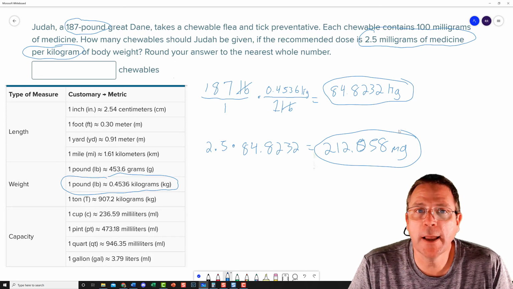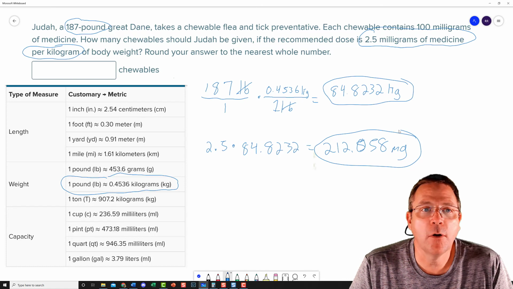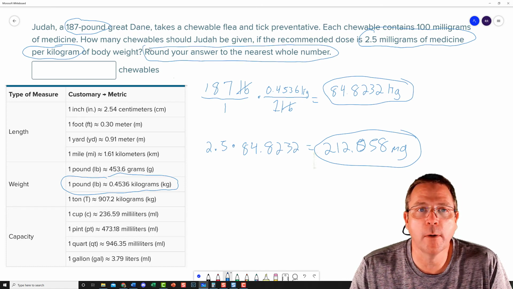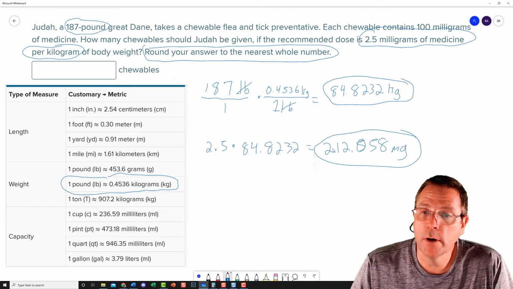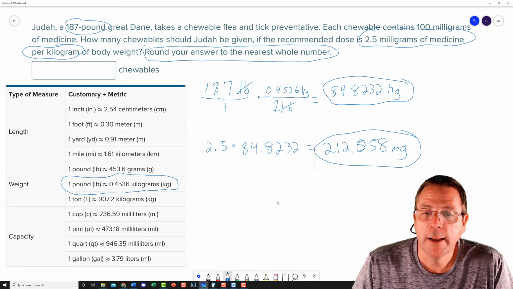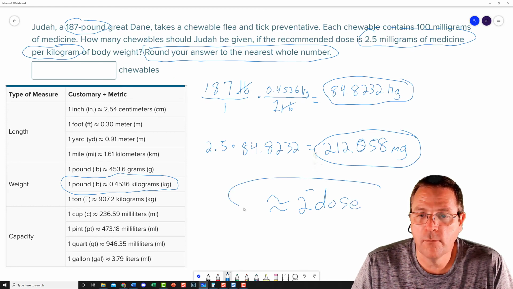The question asked what the recommended dose is going to be, and it also says to round your answer to the nearest whole number. Well, there's 1,000 milligrams per chewable, so 212 divided by 1,000 is going to give me approximately 0.2 doses of medicine for the dog.